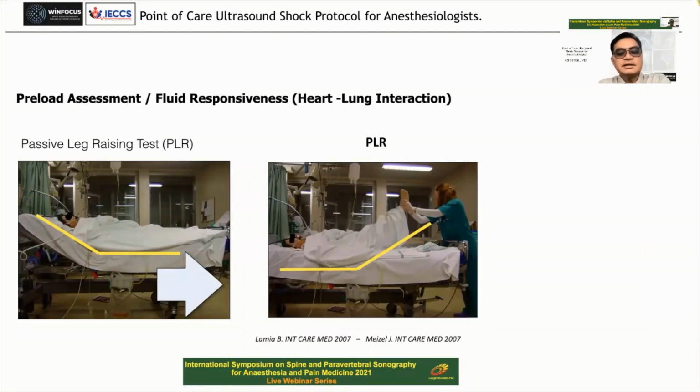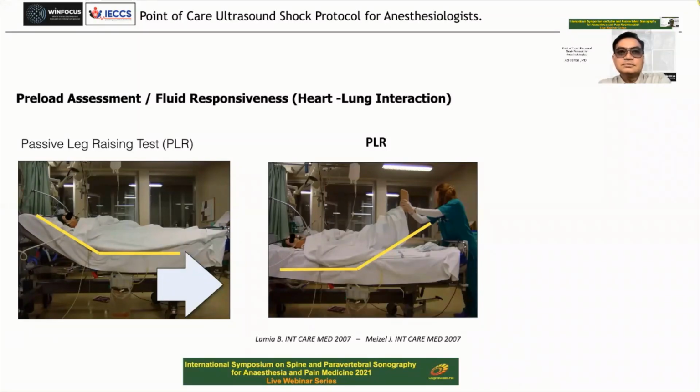By elevating the upper torso, we actually push the blood into the lower limb, and by elevating the lower limb, we're actually pushing back this almost 300 to 450 ml of blood back into circulation.